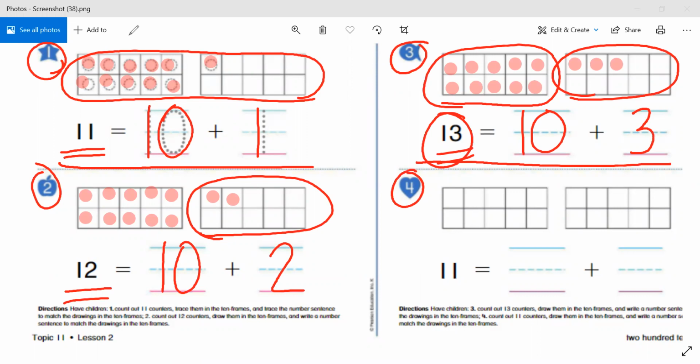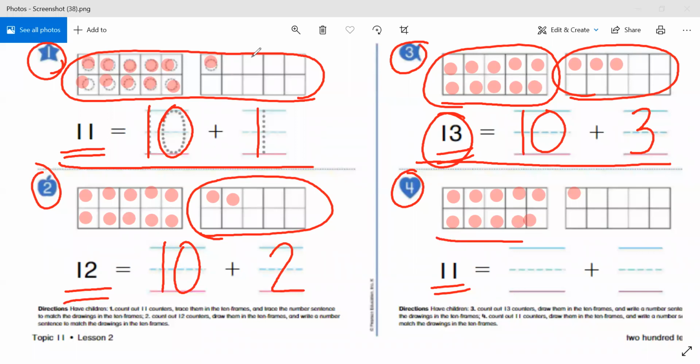Last problem. Count out 11 counters, draw them in the 10 frame, and write a number sentence to match the drawing. So we have 11. How many are we going to put in here? 10. Let's count on from 10. 10, 11.